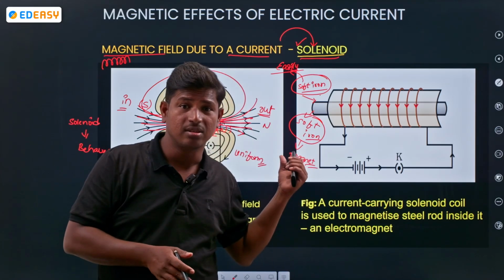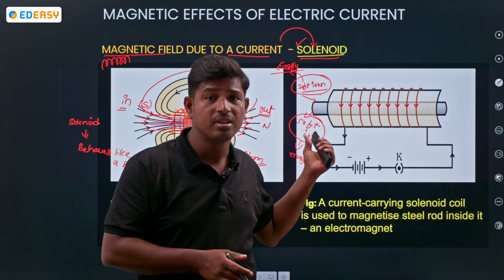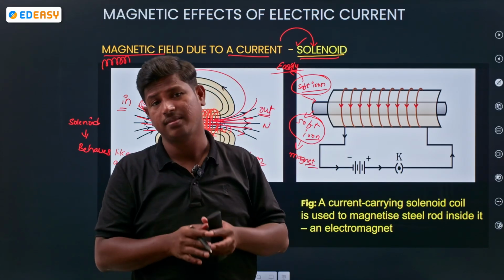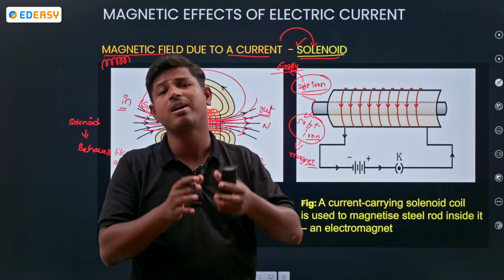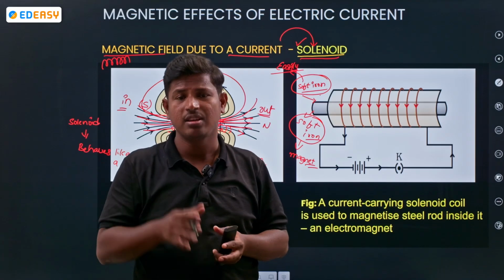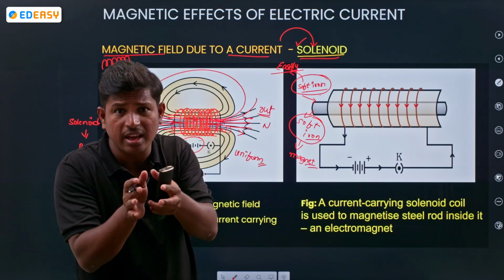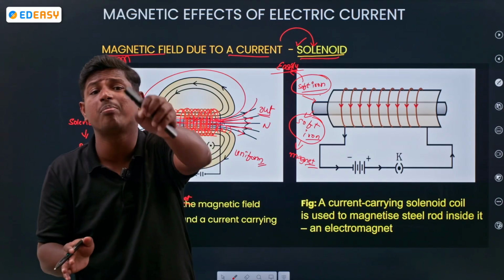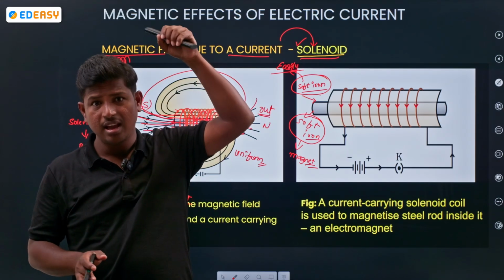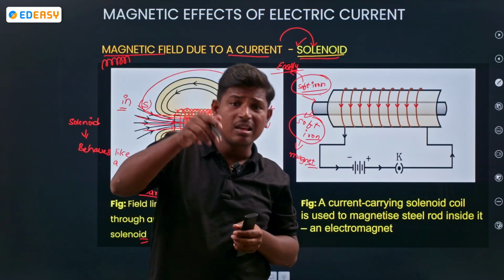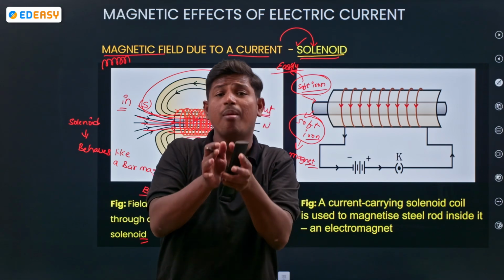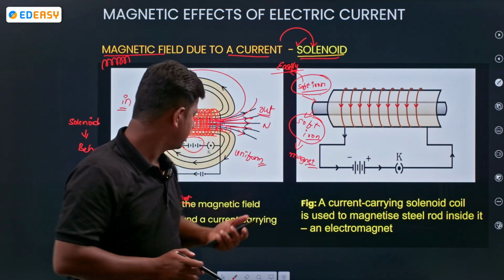So here also, the behavior comes when electricity passes through the solenoid. If electricity passes through the solenoid, that solenoid behaves like a bar magnet. And how is the field inside the bar magnet? It's a uniform magnetic field.